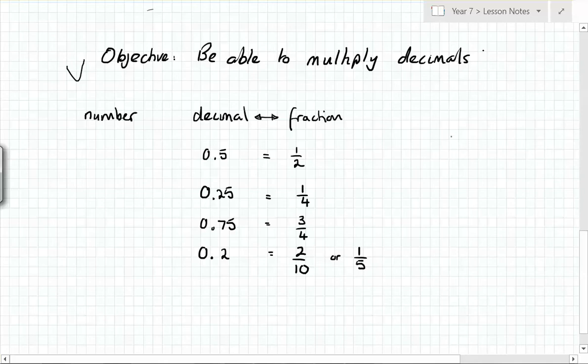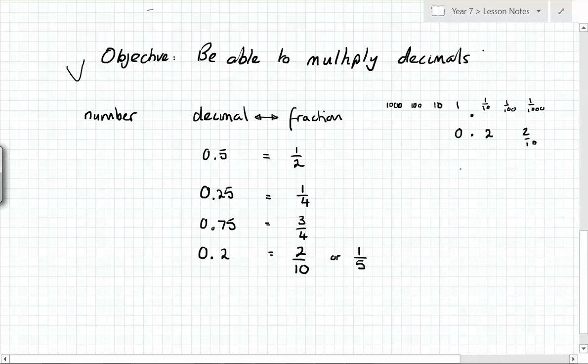Now we've done this actually. We've learned the fact that in a number, if we have a decimal place, the columns are units, tens, hundreds, thousands, and then the other side is tenths, hundredths, thousandths. So, for instance, if I've got a number that is 0.2, what we say is it is 2 in the tenths column. So it's 2 tenths.